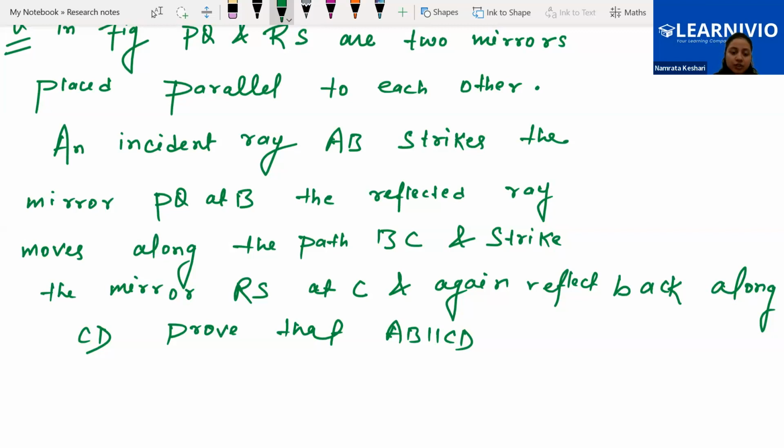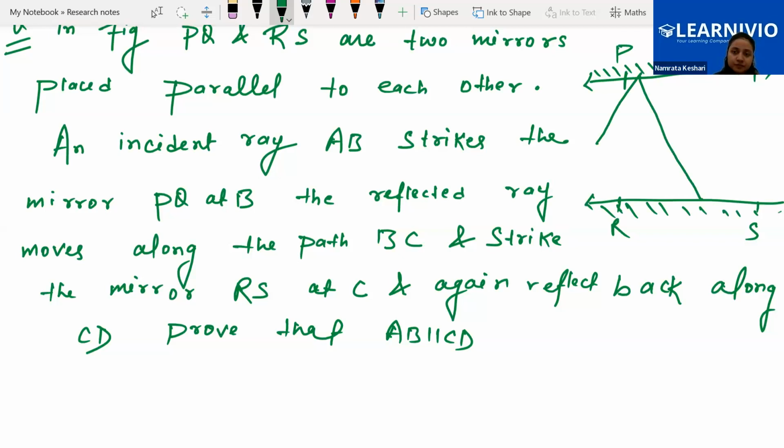The figure is given over here, that is two mirrors we are having, PQ and RS.